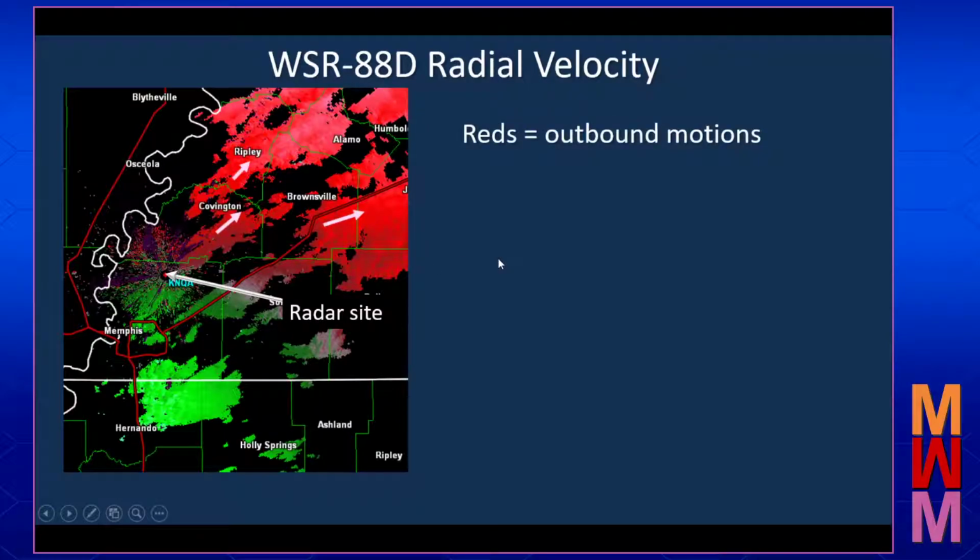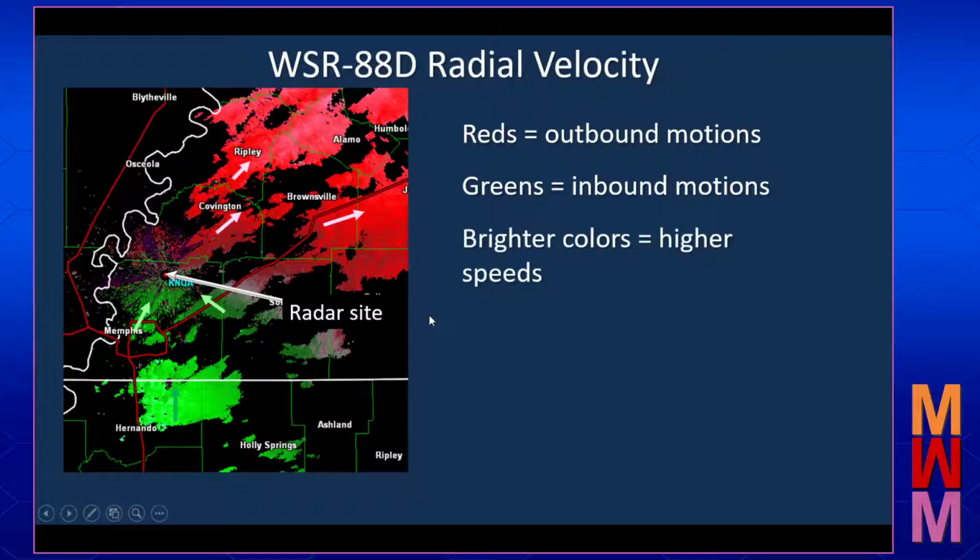The folks that designed this scheme were pretty clever in that they made the warm colors, the reds, the oranges, and the yellows, indicate outbound motions, out away from the antenna. The greens and the blues, the cool colors, represent motion inbound, in towards the antenna. And then the clever part: the brighter the color, the higher the velocity. So it's easy to pick out some areas of high velocity in these images.